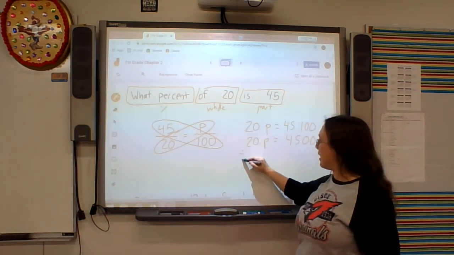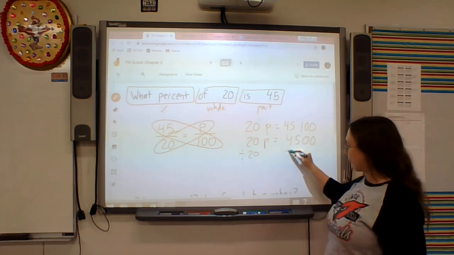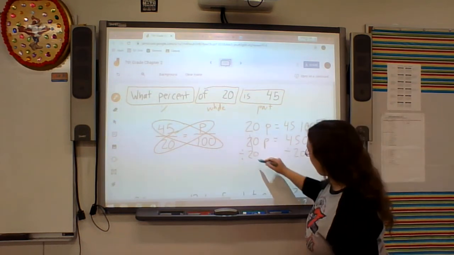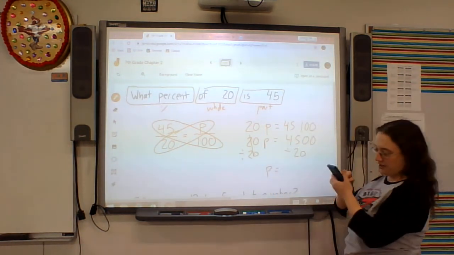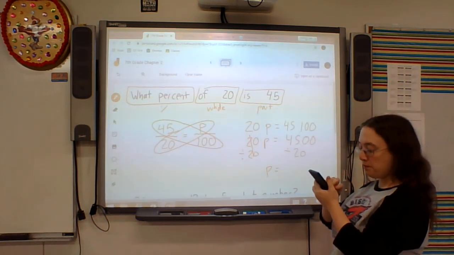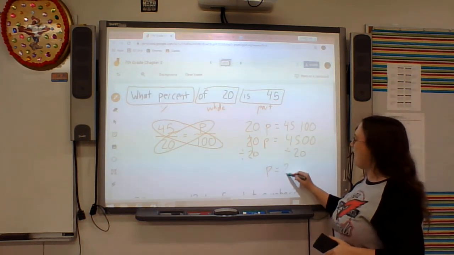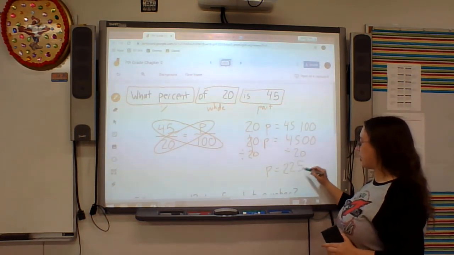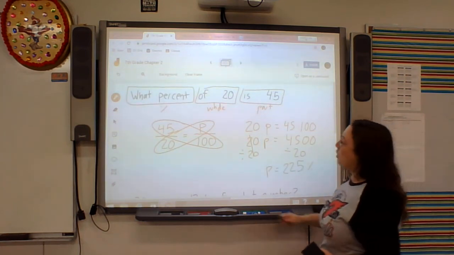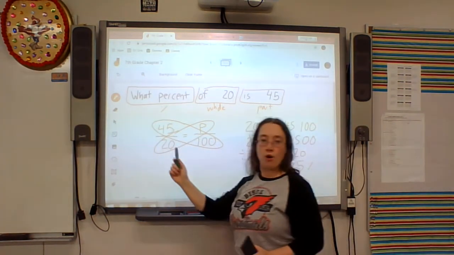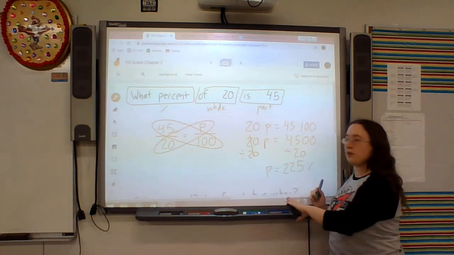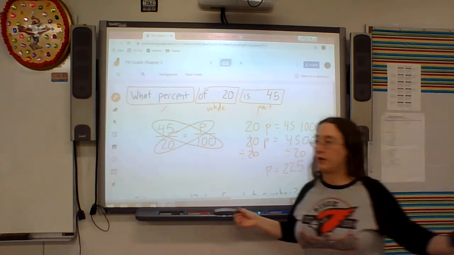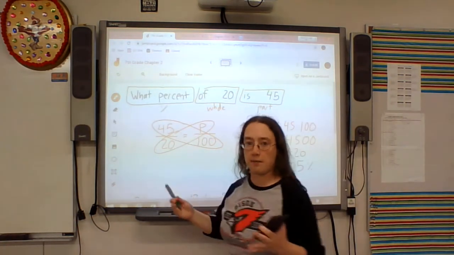And we're dividing by 20. Which gives you 225. So sure enough, if our part is bigger than our whole, we're going to get something bigger than 100%. This time quite a bit bigger, because 45 is more than double 20.